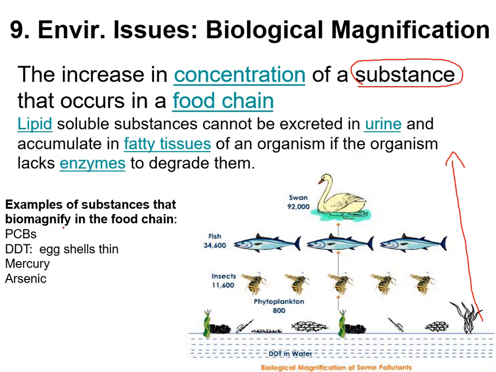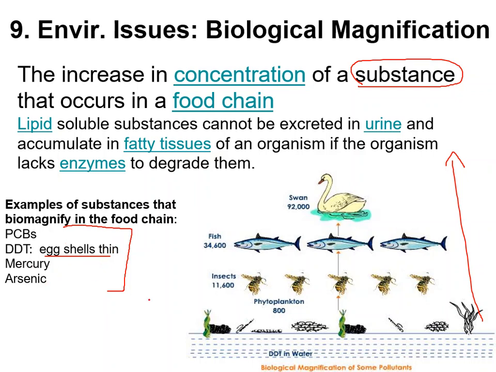An example of these types of substances include PCBs. DDT is an insect repellent that actually ended up causing eggshells to thin, but it does not degrade. It actually, when birds would sit on their eggs, they would crack their own eggs and they'd kill their own chicks.